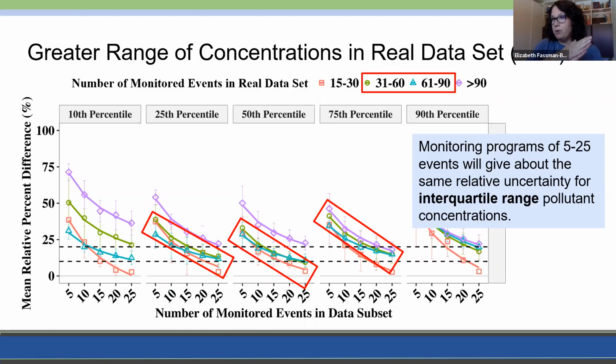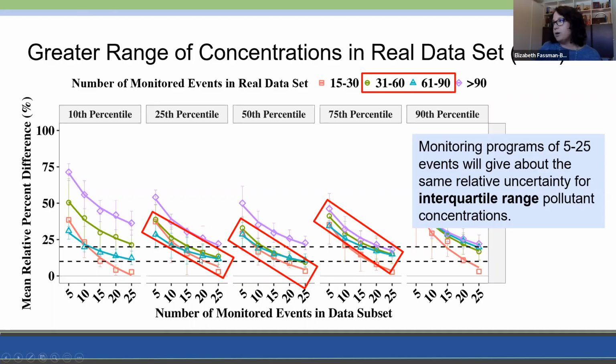So a monitoring program that has anywhere from 15 to 90 events is giving us the same kind of uncertainty when we represent them with smaller sample sizes.